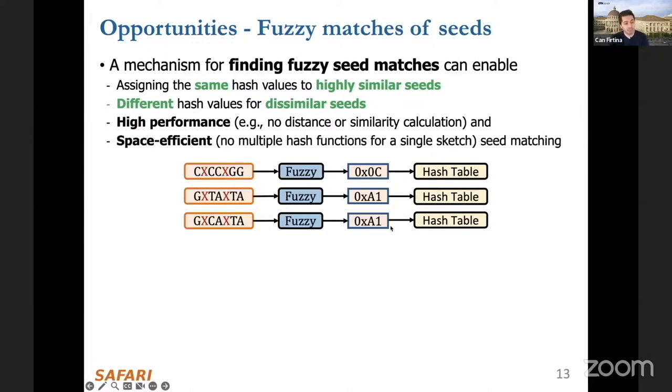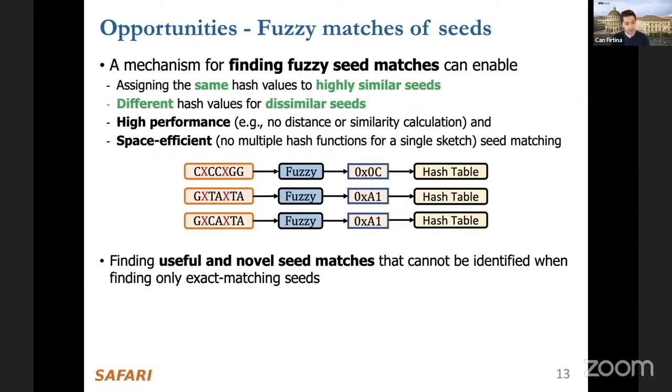And we want this method to be space efficient, meaning we don't want to generate multiple hash functions or multiple hash tables, as is usually done in many locality sensitive hashing methods to identify seed matches by, for example, calculating the Jaccard similarity or by finding a single seed match in one of these multiple hash tables. So it needs to be space efficient as well, ideally by using a single hash table.